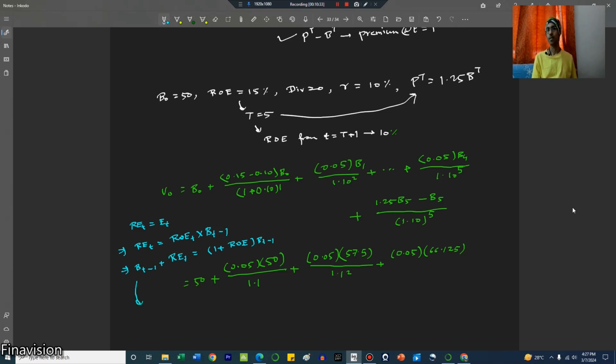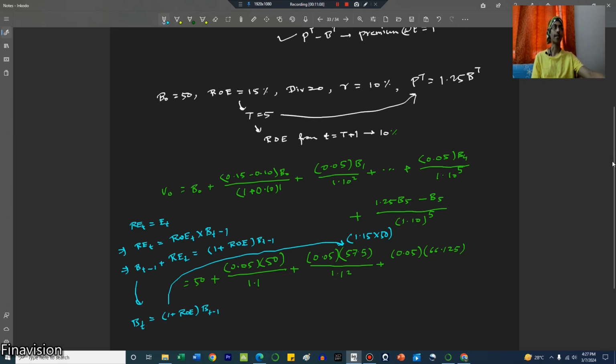Now this becomes Bt minus 1 plus RE at t. This is basically nothing but Bt, right? B at t. So this is 1 plus ROE multiplied by Bt minus 1. So this is what we are doing here. We have basically done 1.15 into 50, which is B0.